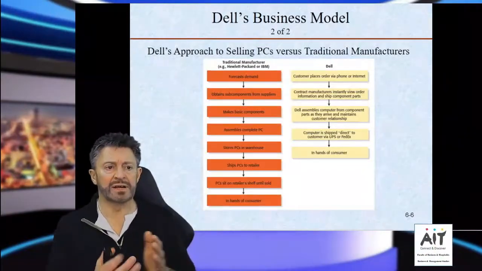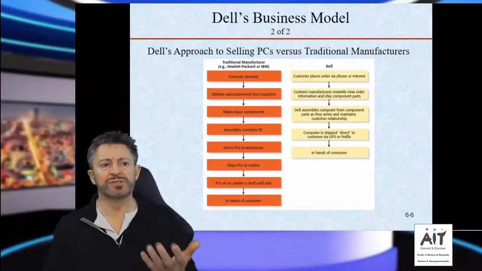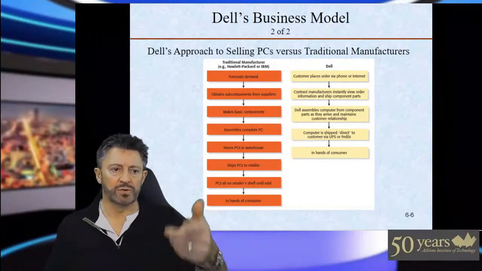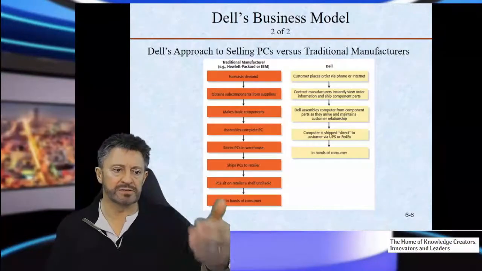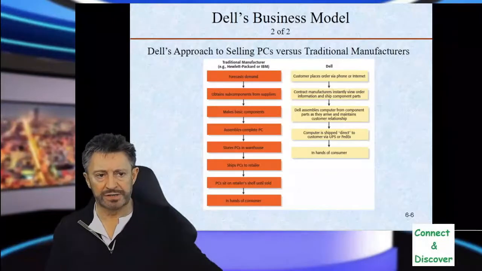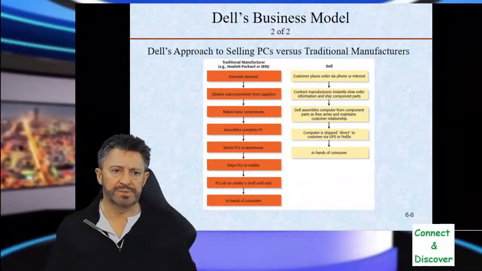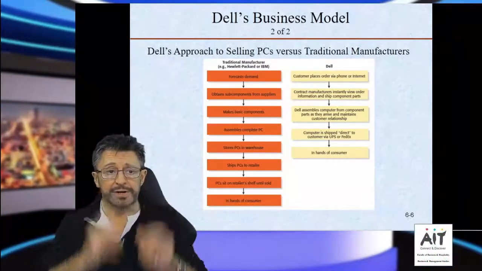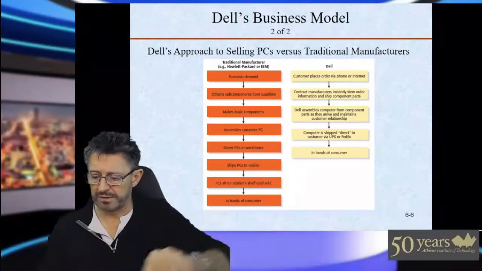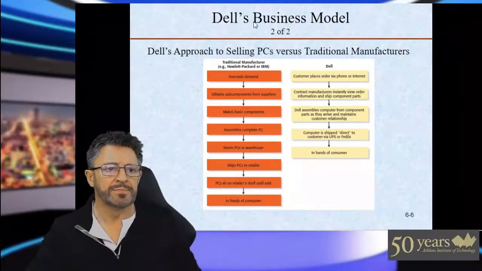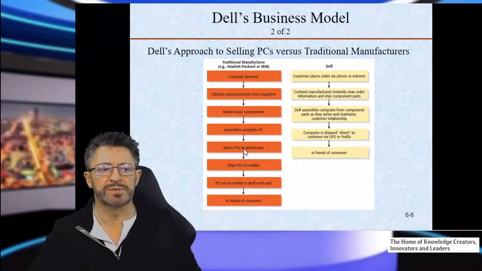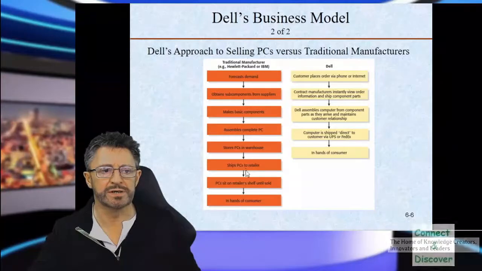And this is just a snapshot of what a traditional manufacturer does, getting forecasts of demand and so on, and then going to retailers. And you see how Dell, in this case, have shortened their business model, basically by cutting out the resellers. Okay, I use my cursor here. In the traditional model, the company assembles the PCs, stores them in the warehouse, sends them to the retailer.